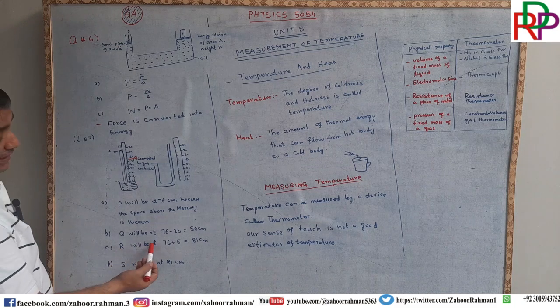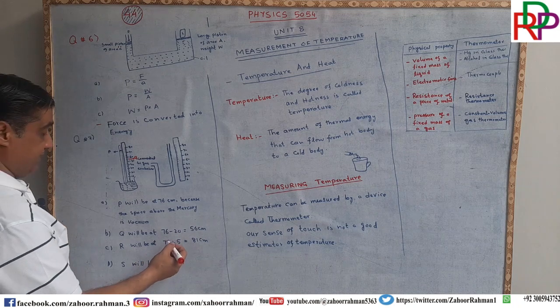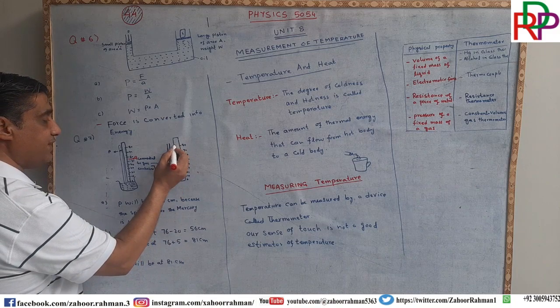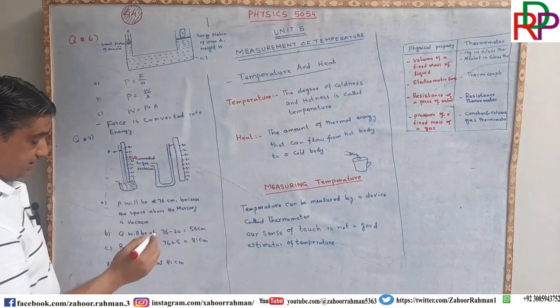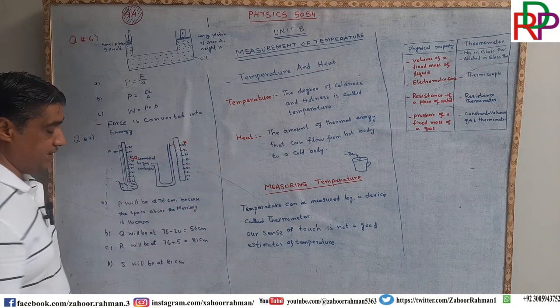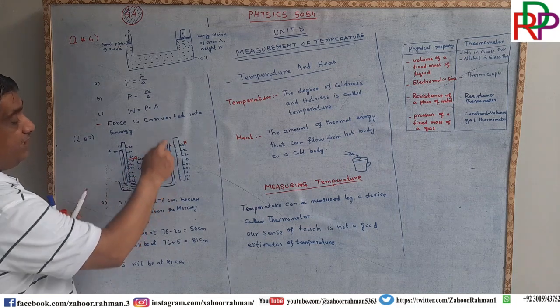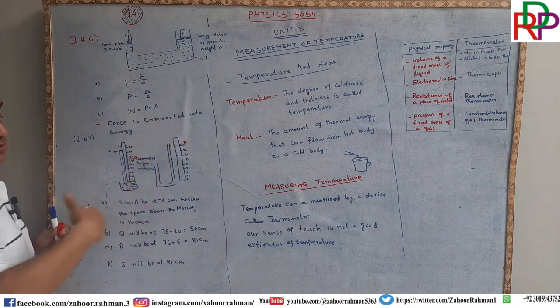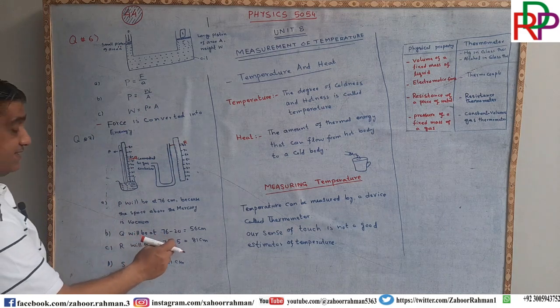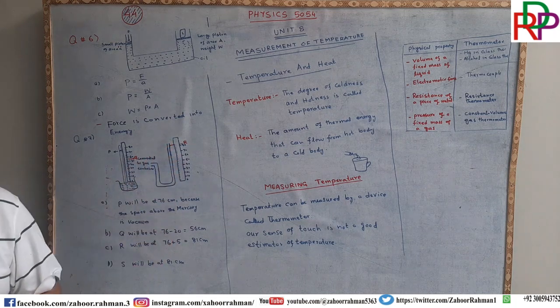So R will be 76 plus 5, so it will be 81 somewhere here. Because the pressure is increased, it will move up, and we have to add 5 to that and it will be 81. R will be somewhere here.